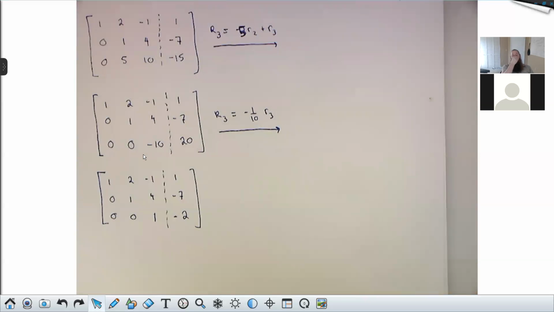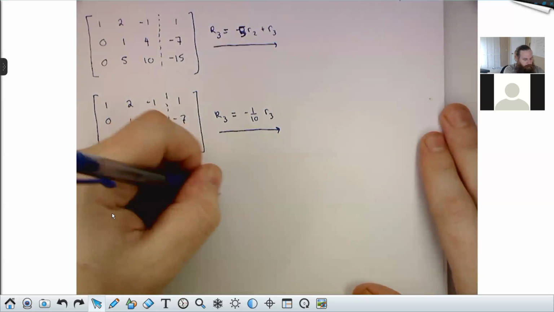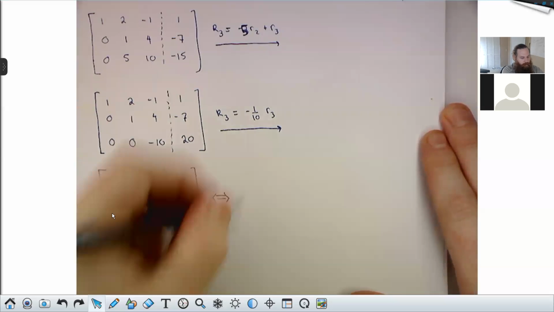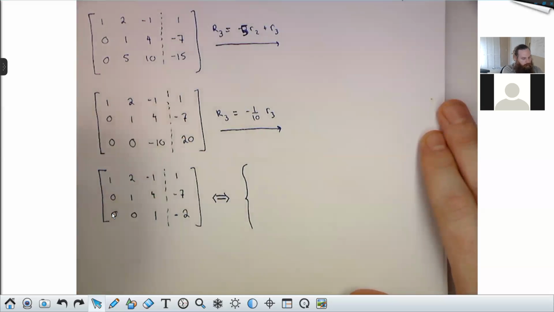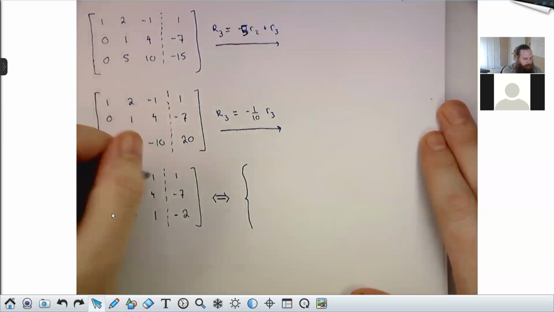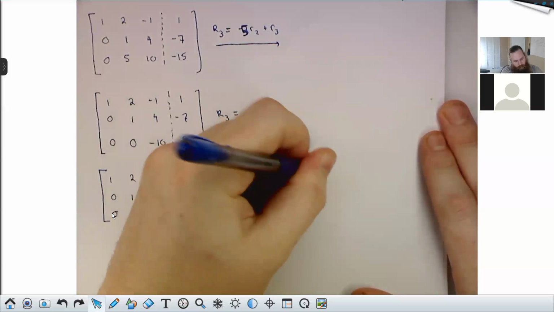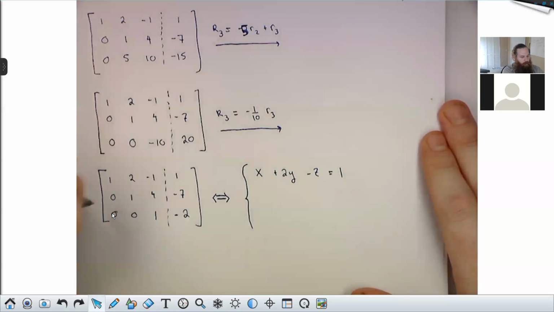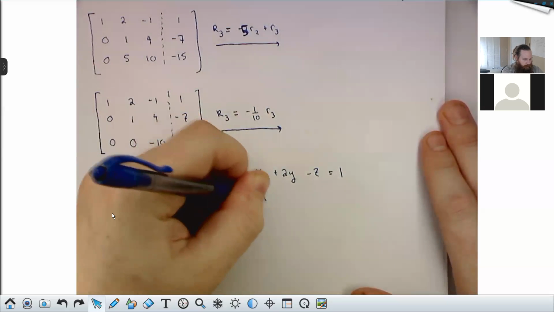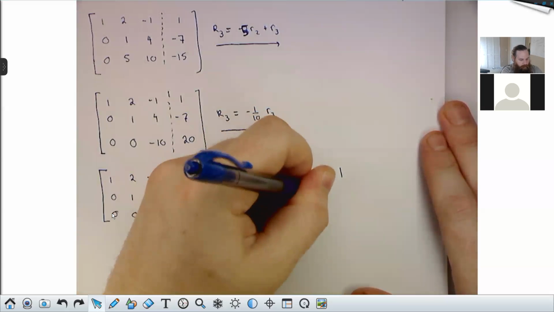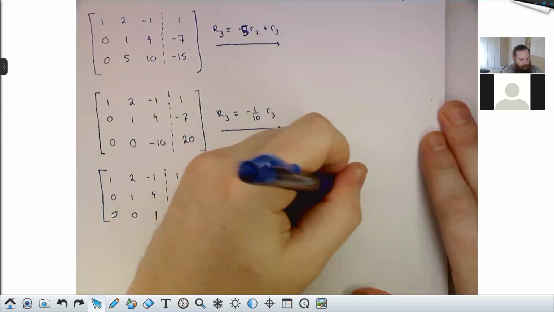And now that I'm in this reduced row echelon form, this upper triangular form where everything below the main diagonal is 0, now I go back to writing it as a system of equations. I come back out of matrix land, back into system land. This is x plus 2y minus z equals 1. The middle row here is 0x plus 1y plus 4z equals -7.